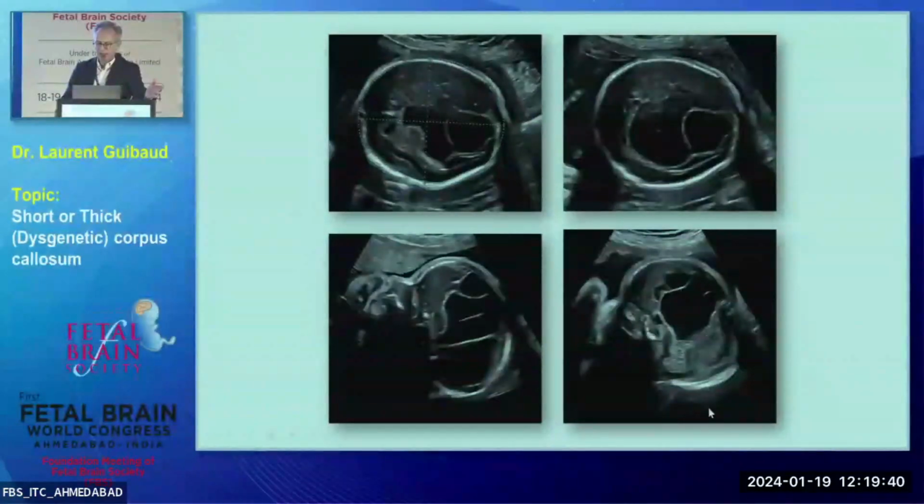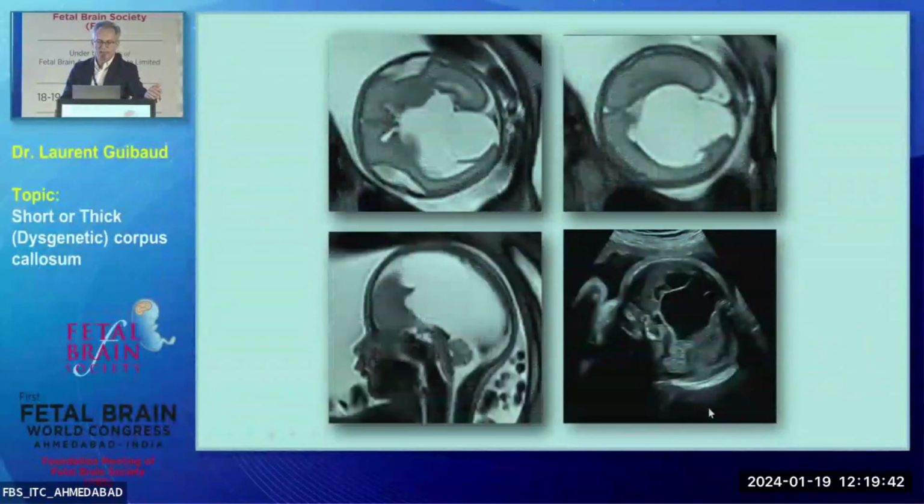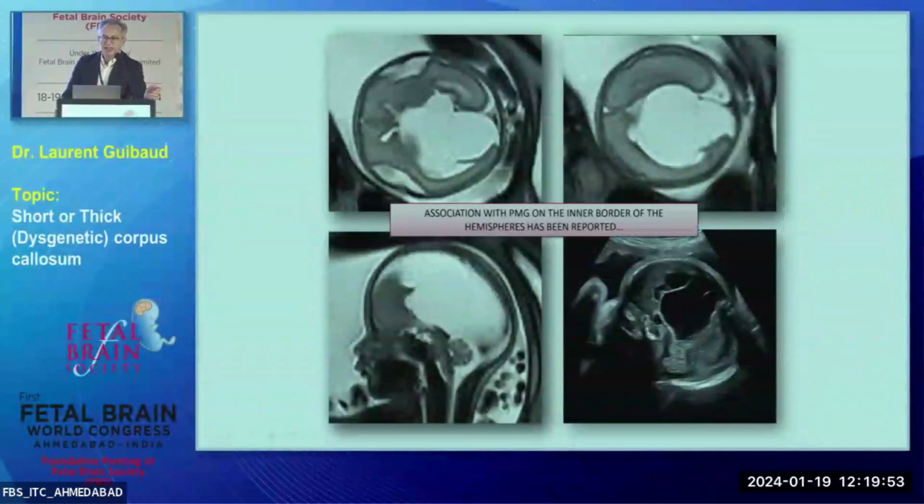The other part is missing because of the cyst. And you can see also with MR, but you see that the spatial resolution is better with ultrasound than in MR in that case.